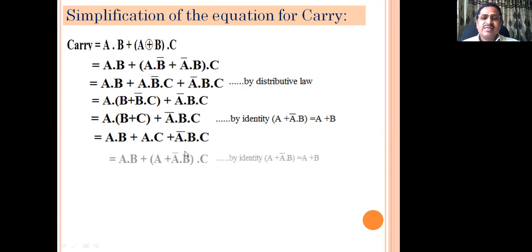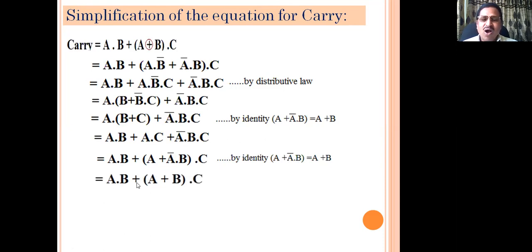Now we can take C as common from the second and last terms. In brackets A or A bar and B, C is outside, and the first term remains A and B. Again, by the logical identity A or A bar and B, this term can be replaced by only A or B. So the resultant equation can be A and B, or A or B in place of this term and C as it is there.